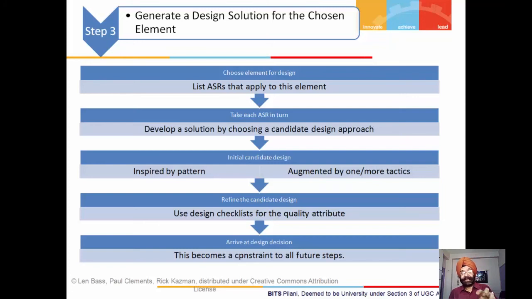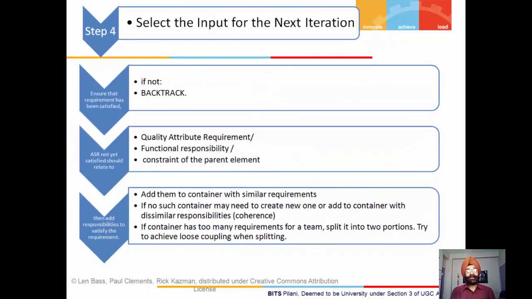Whatever we decide at a particular step or for a particular module automatically becomes a constraint while working on other modules, because you've taken decisions here. It could be at the overall system level. You've taken certain decisions. These decisions become a constraint when you're working on ASRs for the subcomponents. So, if you find that some requirements have not been satisfied, which had to be satisfied at that module level, you can backtrack.